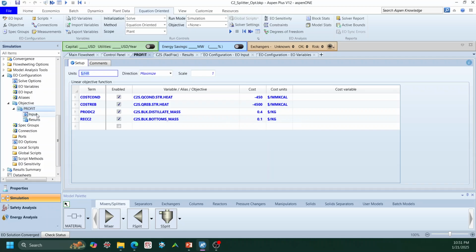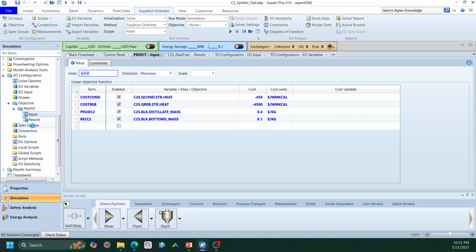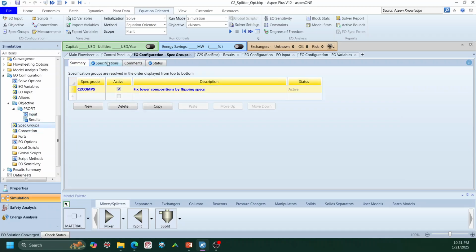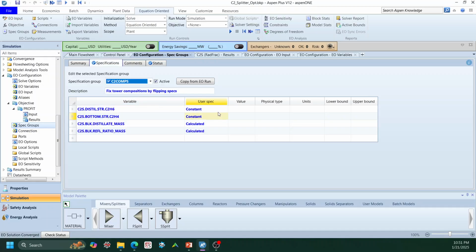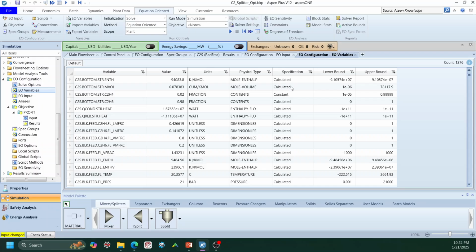So we want to maximize this, right, and give it a name, and then we have to switch the spec from constant to optimize, so that it knows to optimize. As you can see, previously these two were constant, the 0.02 of ethylene in the bottom, the one that we put, right?